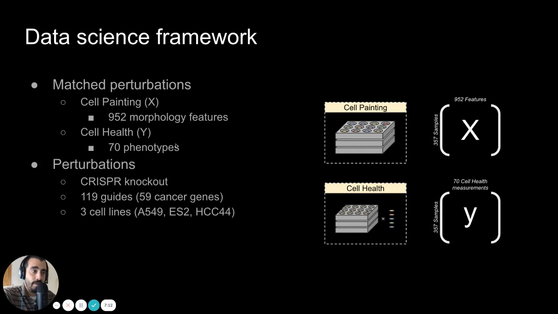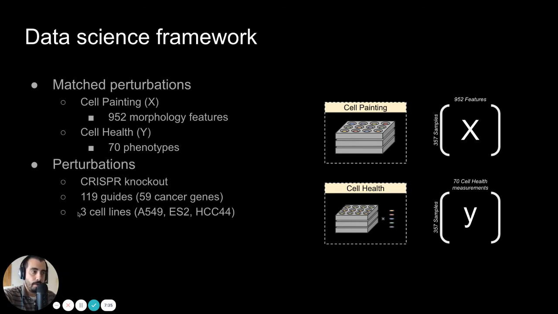The perturbations that we selected were based on CRISPR. So these are CRISPR knockouts. We targeted 59 different cancer genes that we selected because they're known to be important cancer genes and also known to induce various morphology states. And we designed about 2 guides per gene, which came to 119 guides total measured in the 2 assays.